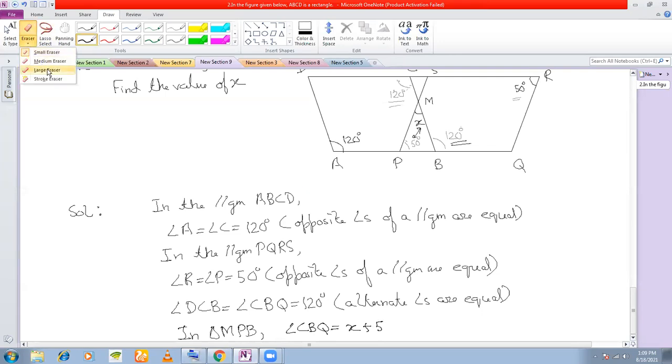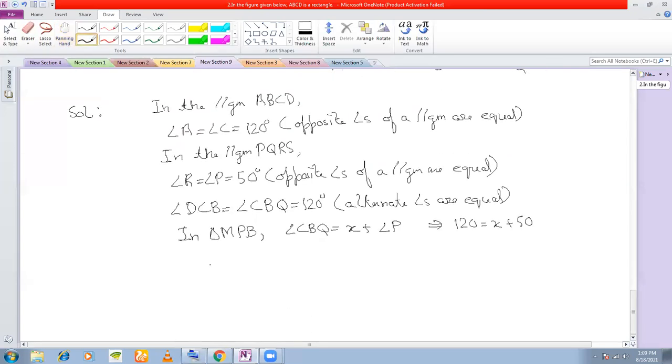Now let me write this in terms of angle: x plus angle P. That means angle CBQ, we have found as 120, is equal to x plus angle P, we have found as 50. So that means x is equal to 120 minus 50, which is 70. And that's it.